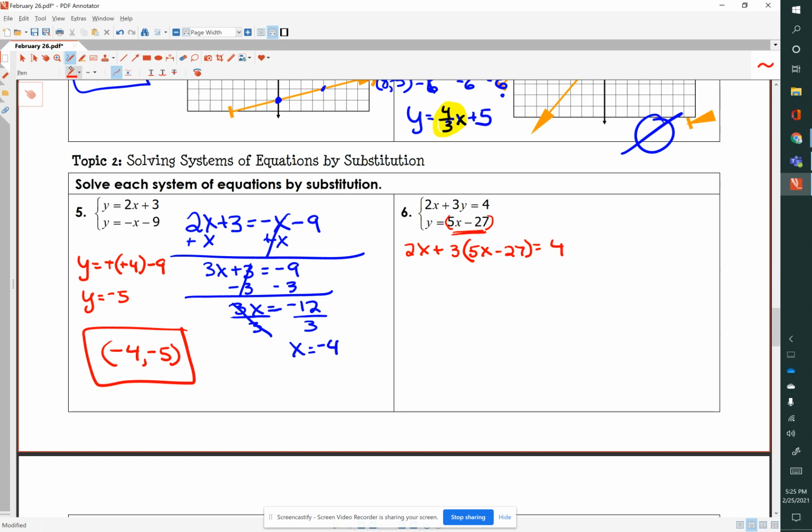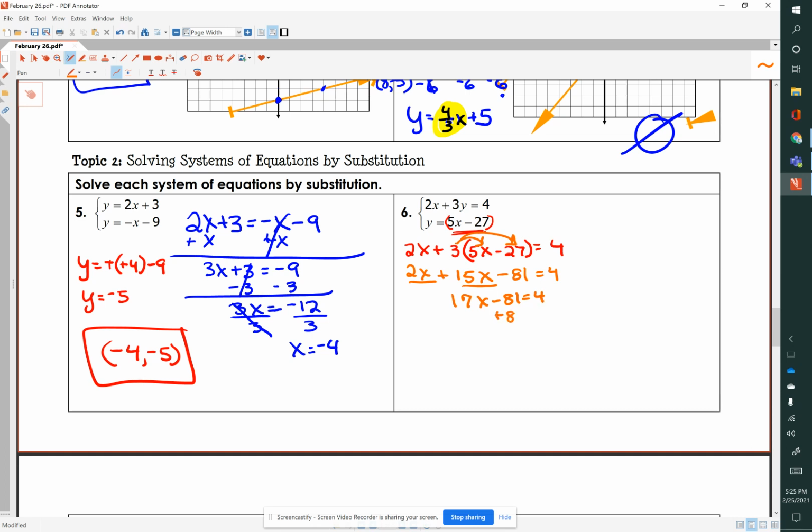Now, first thing I need to do is distribute. 2x plus 15x minus 81 equals 4. Now we combine like terms, so that would be 17x minus 81 equals 4.